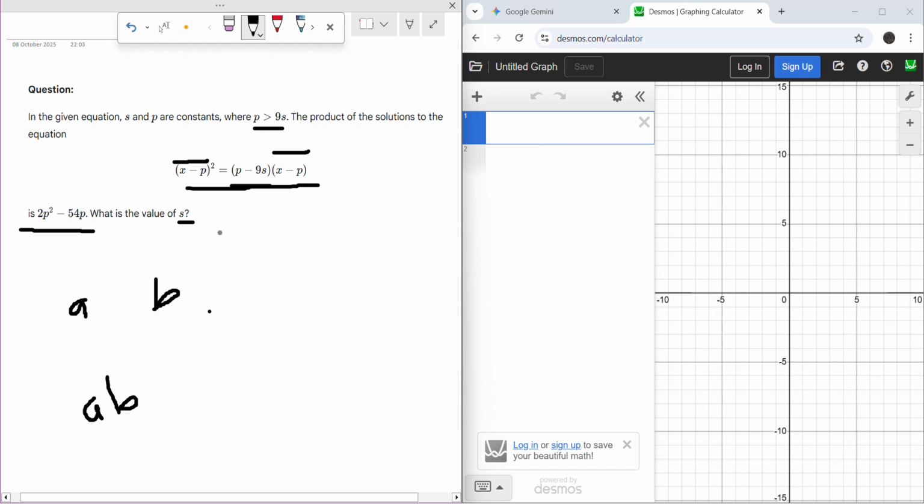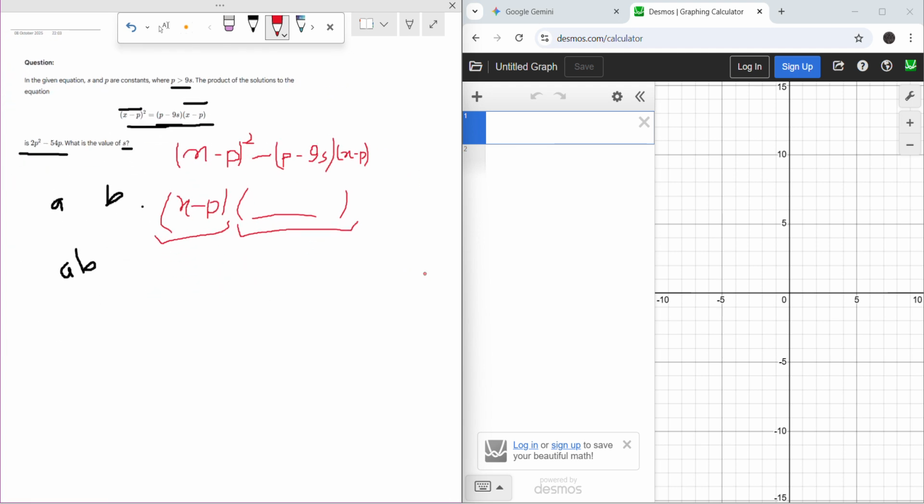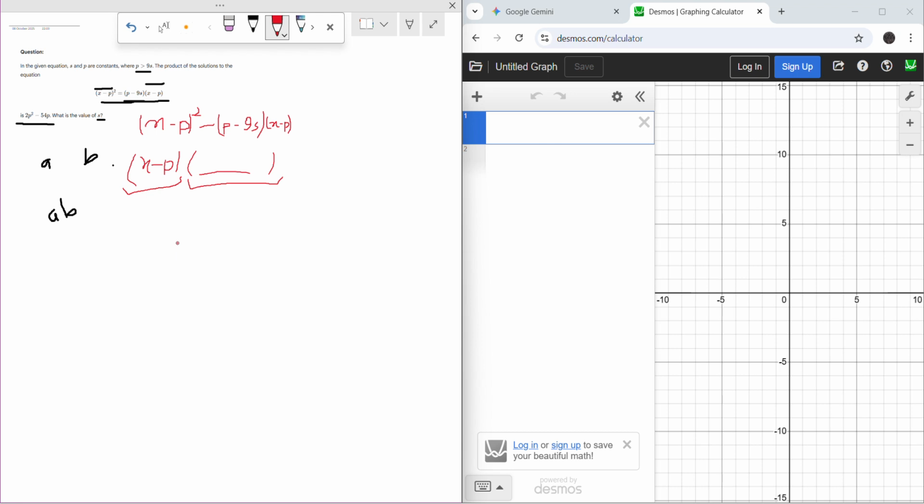If we take common x minus b, then x minus b is one solution and what is left will be the other solution. So we can say that p is one solution here, and the product of the solutions is this.